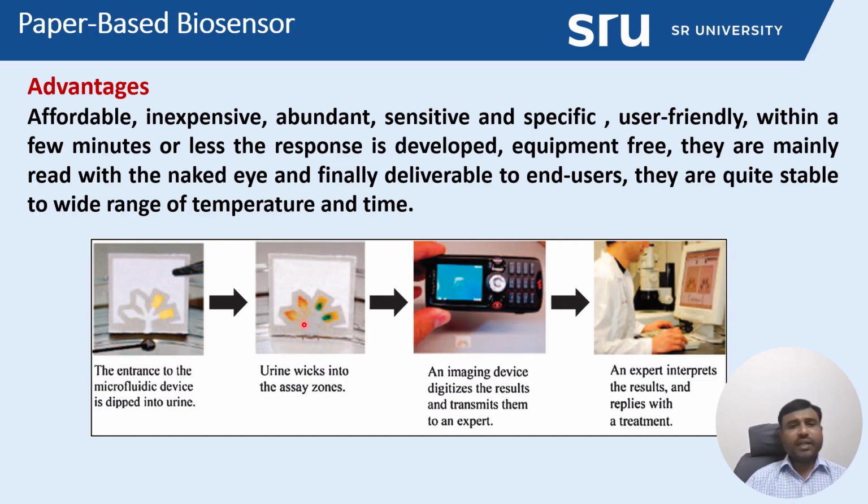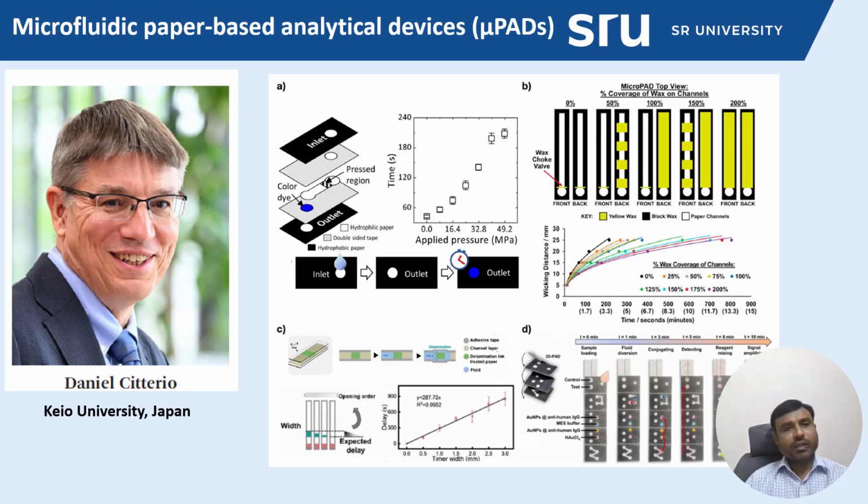Currently there are different technologies existing for printing paper-based sensors and developing different sensors. This microfluidic paper-based analytical device sensor has been significantly developed by Professor Daniel Citterio, Kyoto University, Japan.